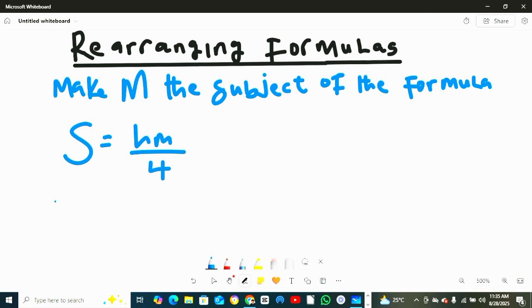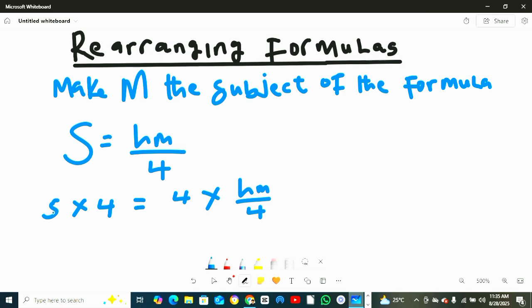So if this becomes x, this becomes x times 4 equals 4 times hm over 4.